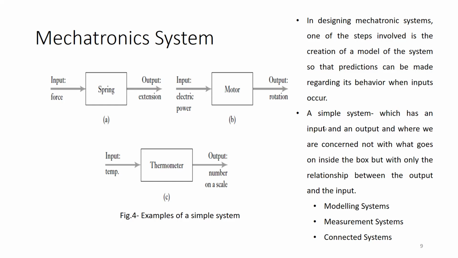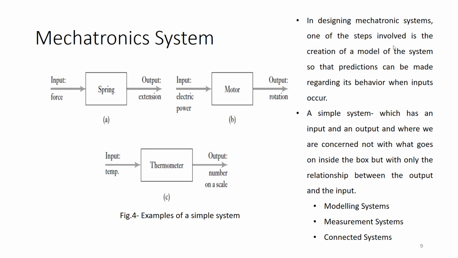Okay. Once we have converted it into a block diagram, from there we can learn that the mechatronic system can be further divided into a number of systems, starting with the simple system.